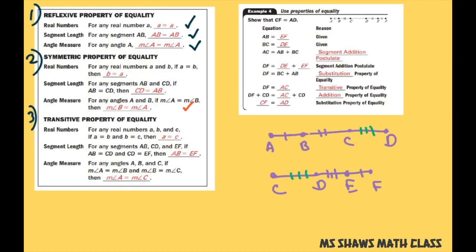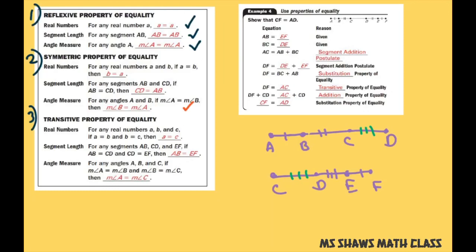So that's called your segment addition postulate. And then to show that they're equal, you're going to use your segment addition postulate through the substitution property of equality.